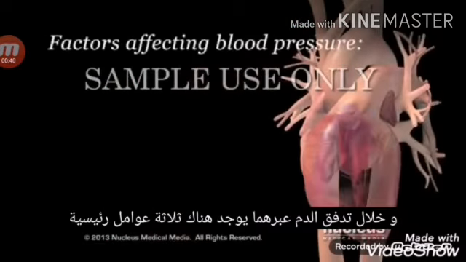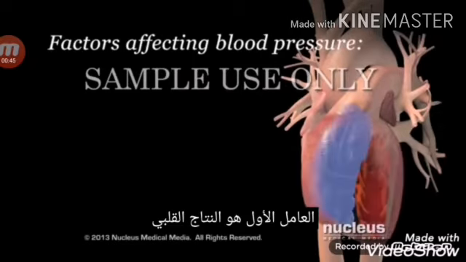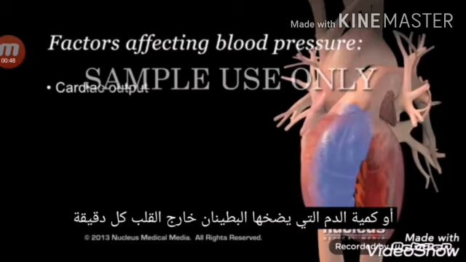As blood flows through them, three main factors affect the pressure on the artery walls. The first is cardiac output, or the amount of blood the ventricles push out of your heart each minute.